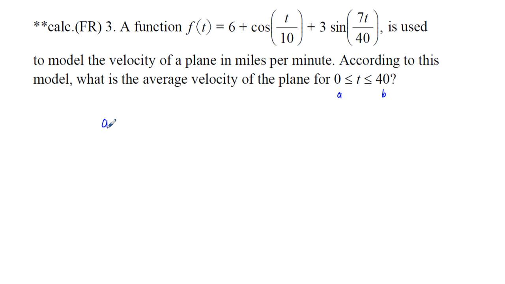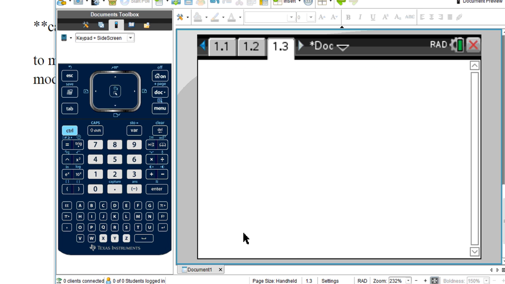So our average value is going to be equal to 1 over b minus a, or 1/40th, the integral of, instead of writing all this out, I'm going to call it f of t dt, and we're integrating over the limits from 0 to 40 now. That's going to be it. So let's go to our calculator and plug this in.